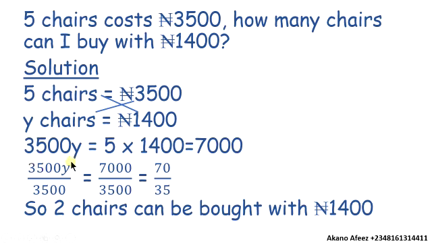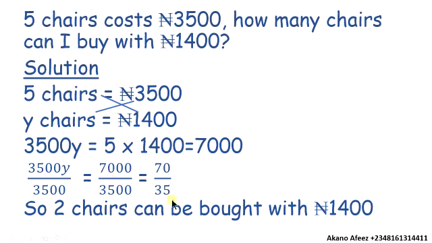Divide both sides by the coefficient of y. This divided by this gives us y. So 7,000 divided by 3,500. This 0 cuts this 0. This 0 cuts this 0. So we have 70 over 35 left.